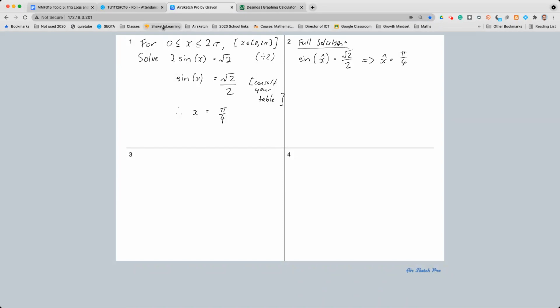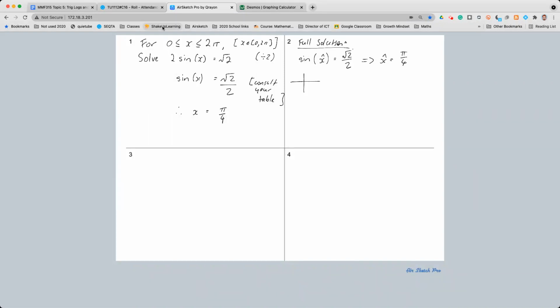Yeah? All right, the silence worries me, but I hope you're okay. Just please correct me if you're not too sure. Correct my misunderstanding if I've got it wrong that you're understanding. The next thing I do is I then use my cast diagram and I say, well, I need to know where sine of x is equal to positive root 2 on 2.